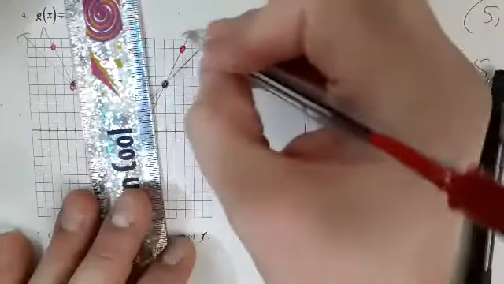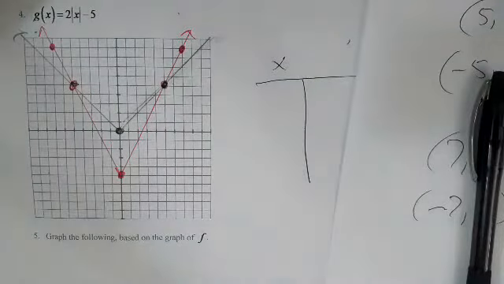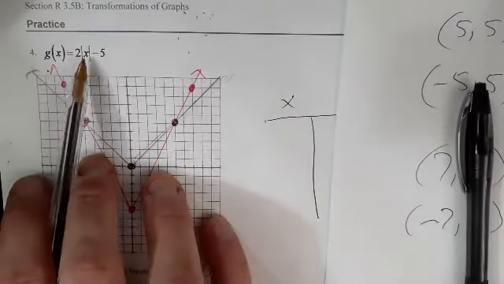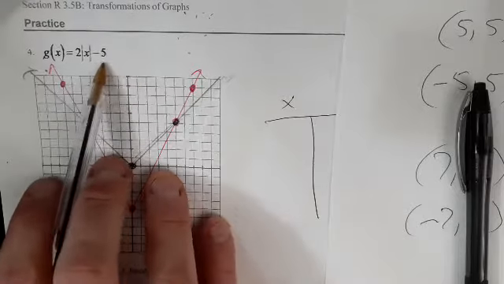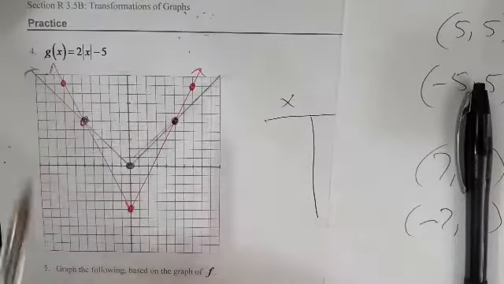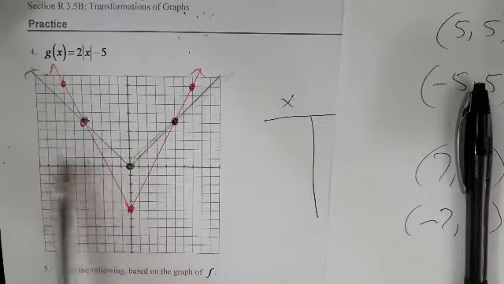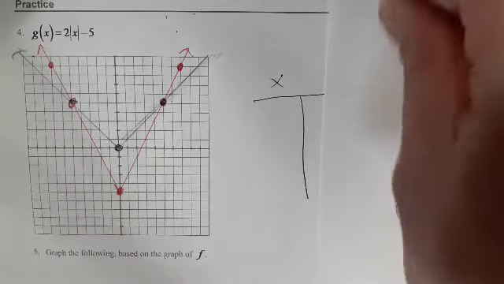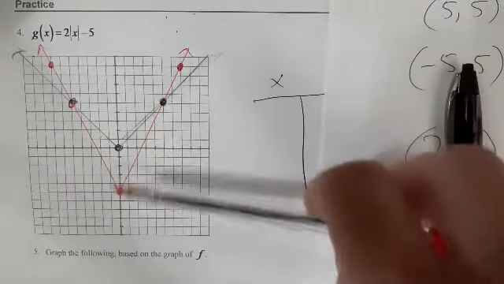And before you drew it, hopefully you looked at the transformations that were happening. This is a stretch by a factor of 2. This minus 5 is going to shift it down 5 units. So hopefully that's what this looks like. We took this, we stretched it so it was taller, and we moved it down 5 units.